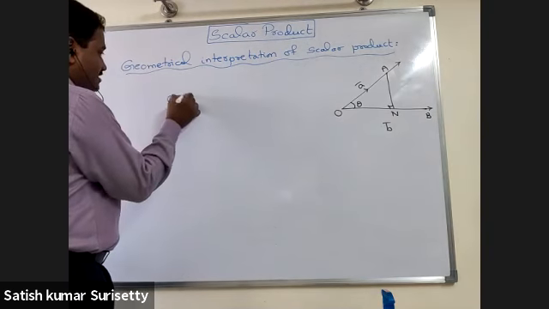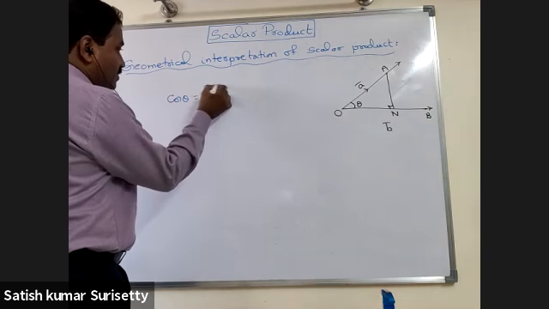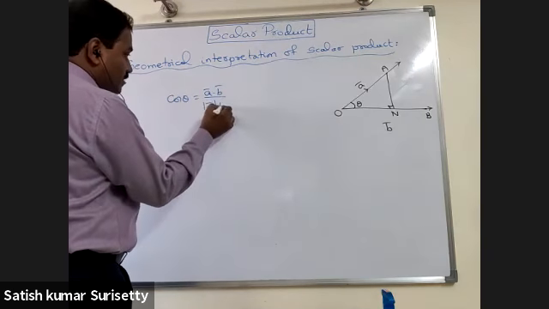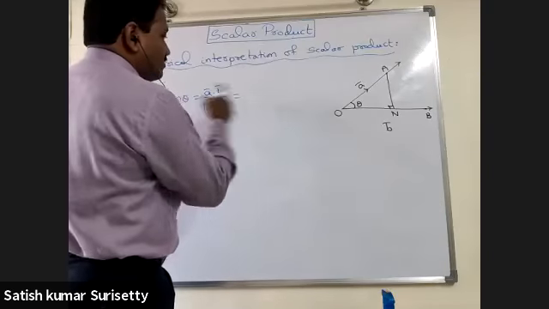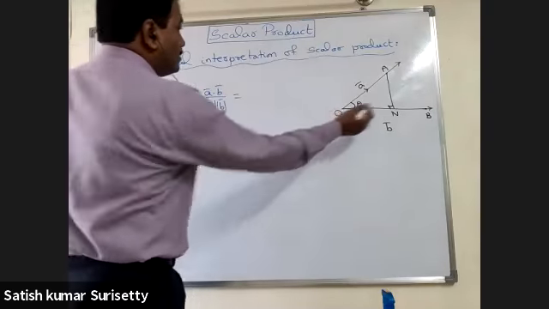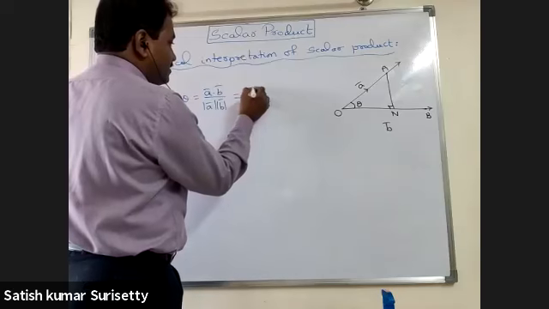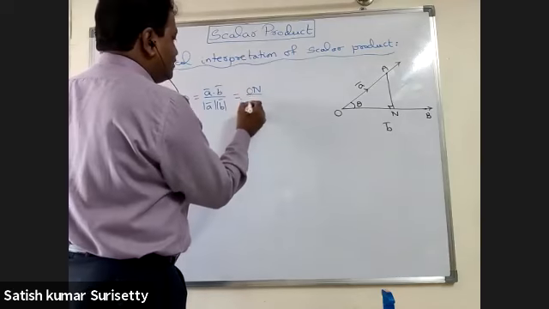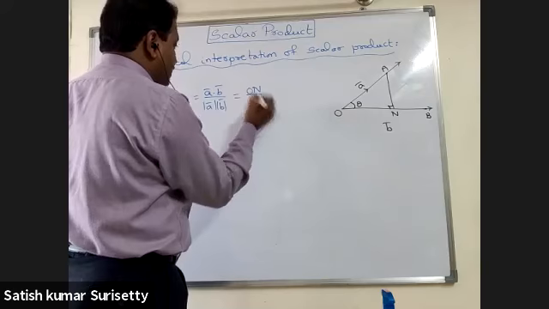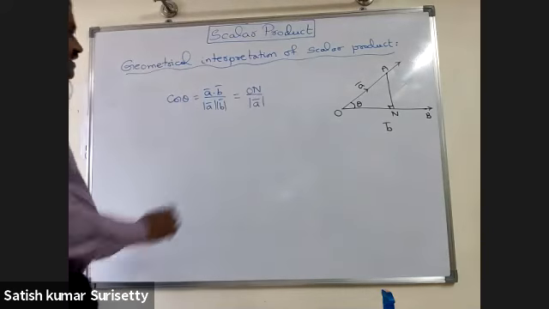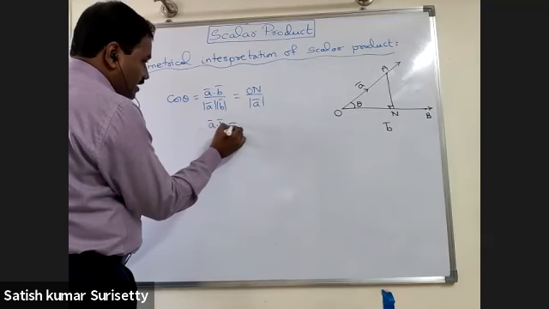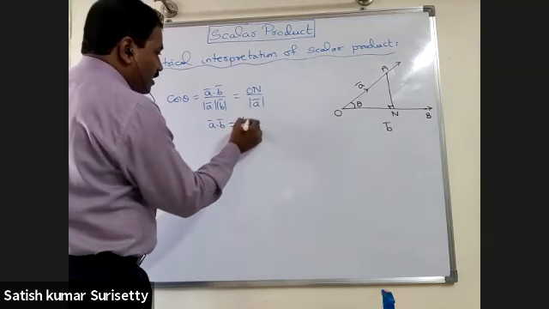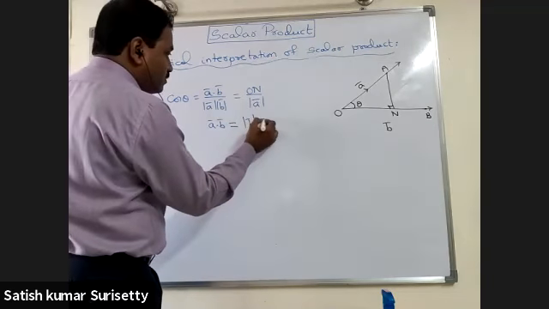Previously I have written cos theta as A bar dot B bar upon modulus of A bar modulus of B bar, and from the figure, cos theta equal to ON upon modulus of A bar. From this I can write A bar dot B bar equal to modulus of B bar into ON.